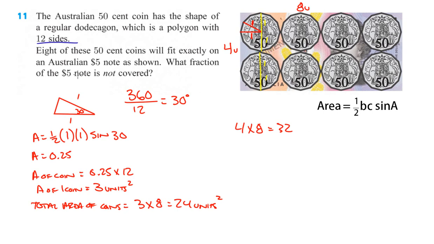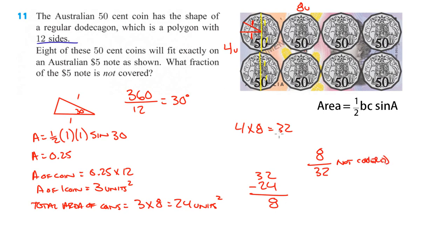Okay, so it says what fraction of the $5 note is not covered. If we take 24 away from 32, that gives us 8 out of the 32 units that are not covered, right?